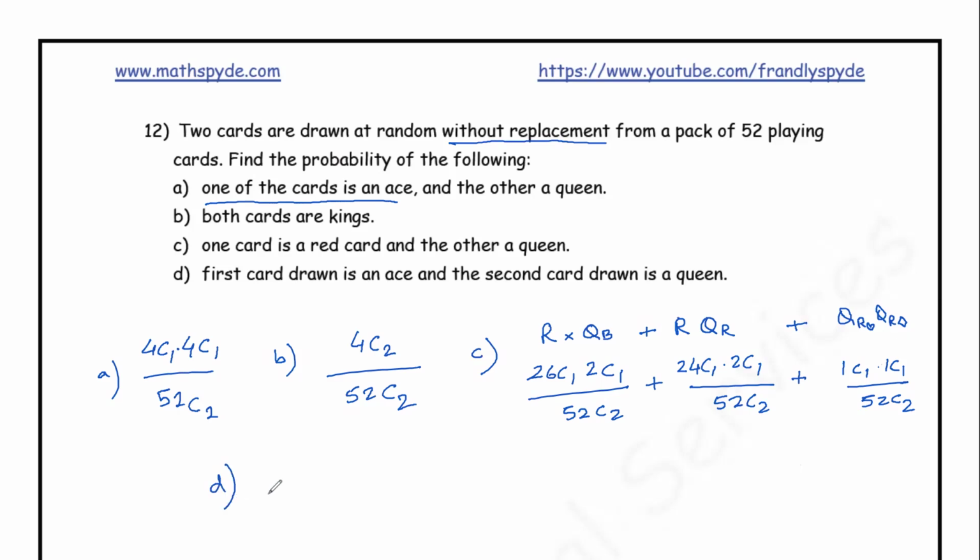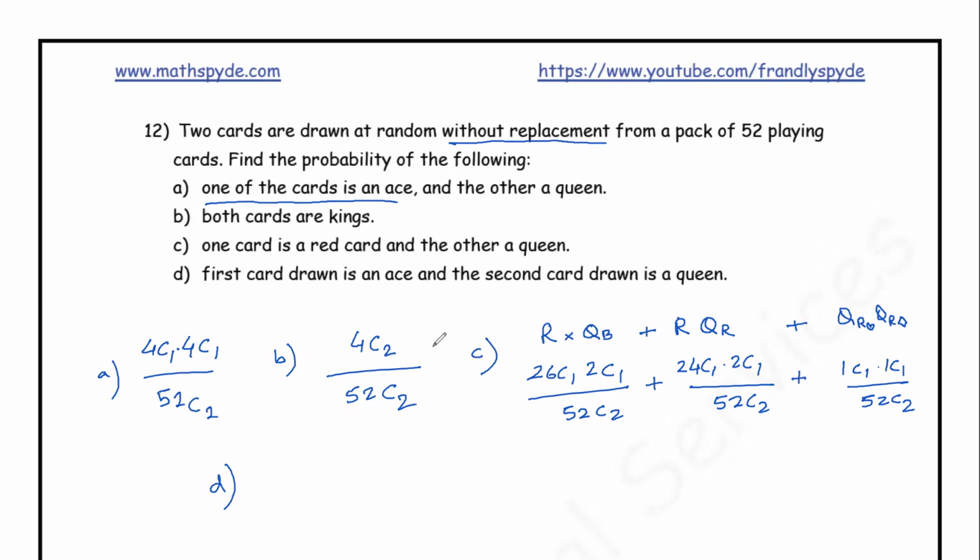And for D, it would be first card drawn as an ace, and the second card drawn as a queen. So when you have first and second in that order, so far all of these are combinations where the order does not matter.